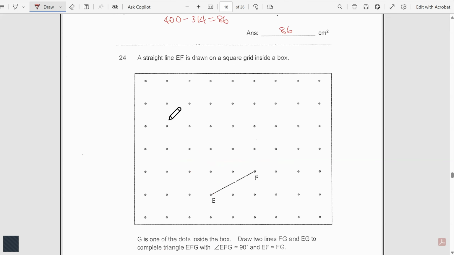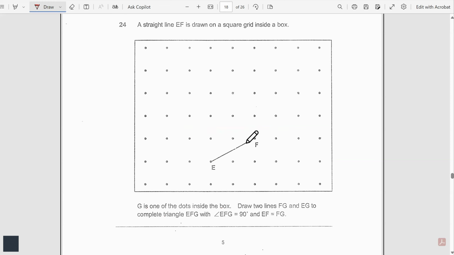Question 24. A straight line EF is drawn on a square grid inside a box. G is one of the dots inside the box. It's not drawn. We're supposed to locate where G is. Then draw two lines, FG and EG, to complete triangle EFG with angle EFG 90 degrees. EF equals FG.